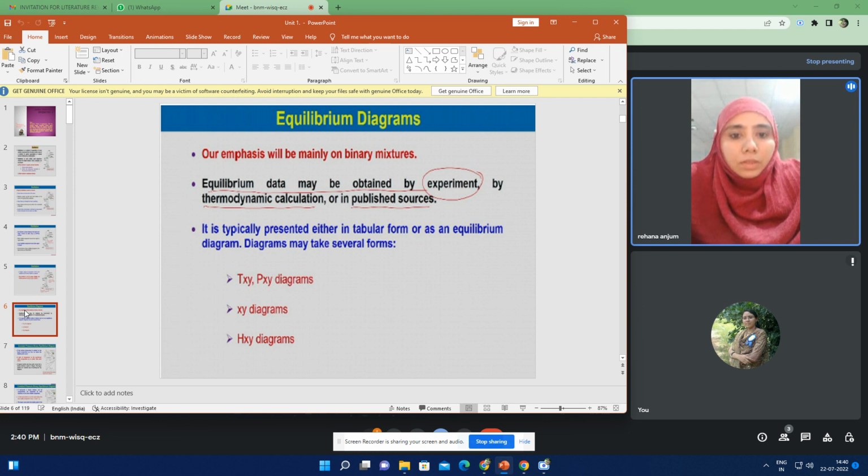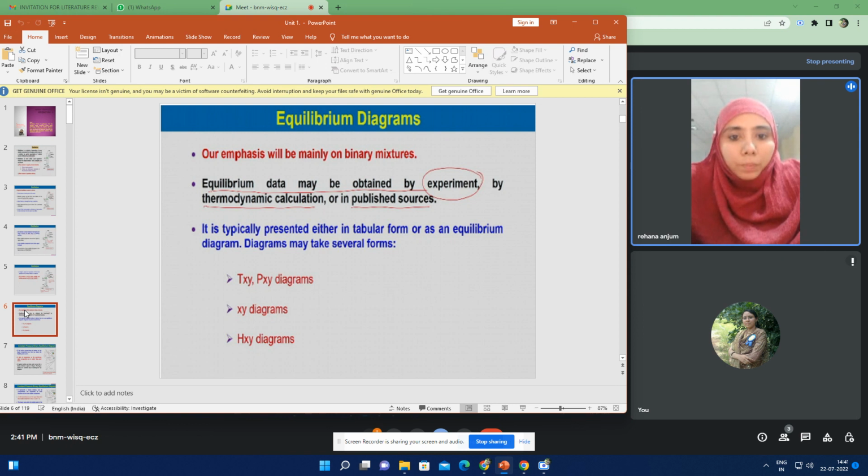In our emphasis, it will be mainly on binary mixtures. Equilibrium data may be obtained by experiment, or by thermodynamic calculations, or from published sources.